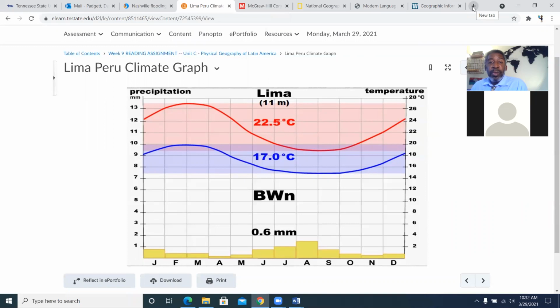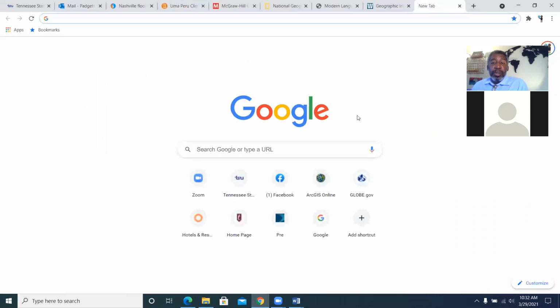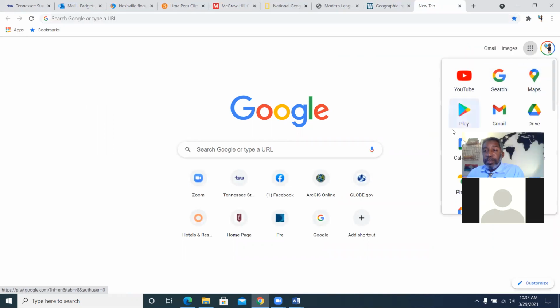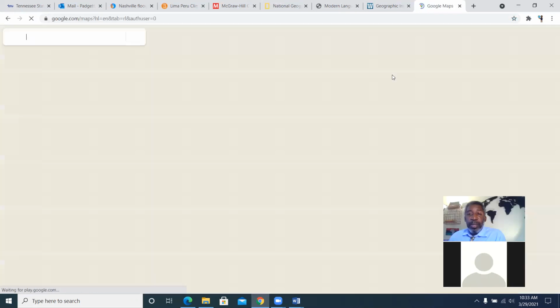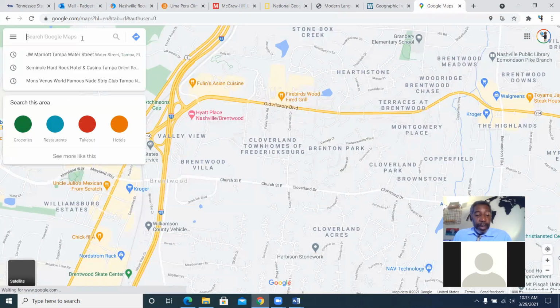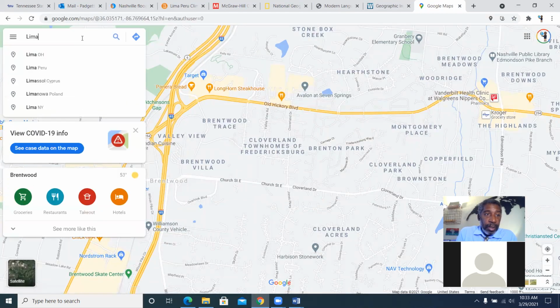I want you to take a really close look at this climate graph, because it's going to explain a lot of what is unique about this region.